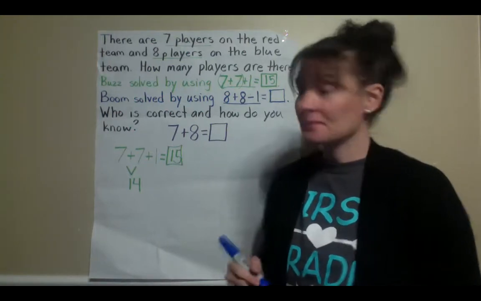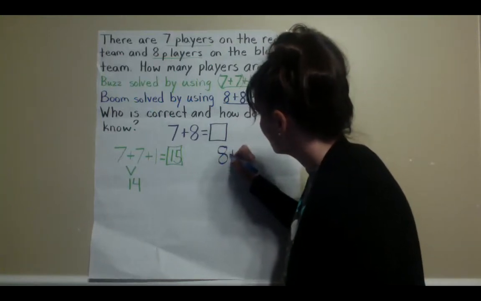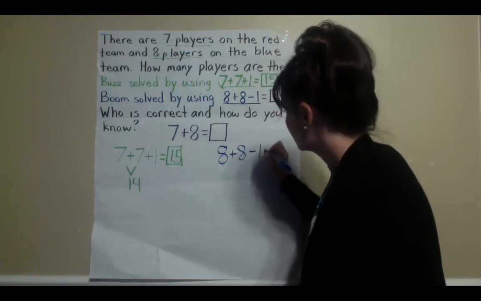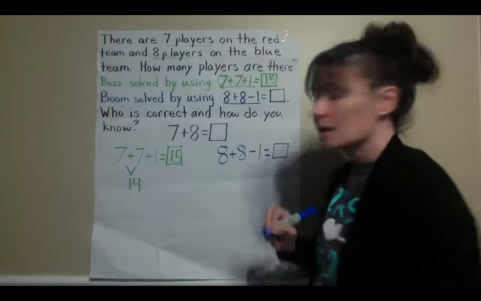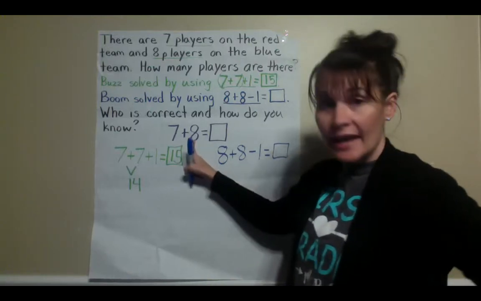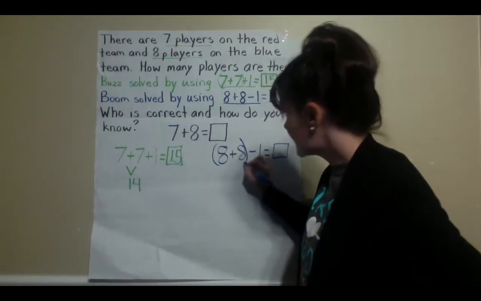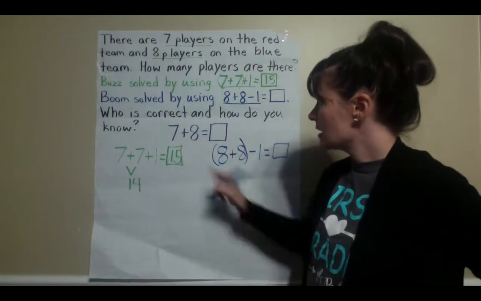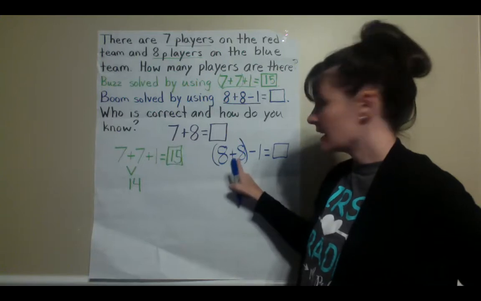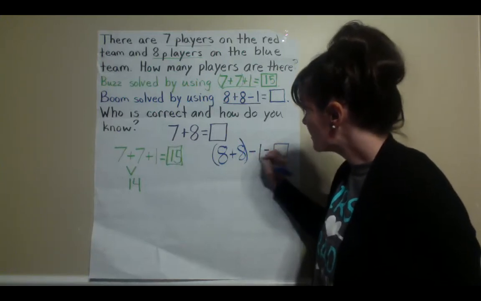Let's see. He said that 8 plus 8 minus 1. Well, I know he used the 8 to double. So he's got his double 8 plus 8. But 7 is 1 less than 8, so I would need to minus 1.